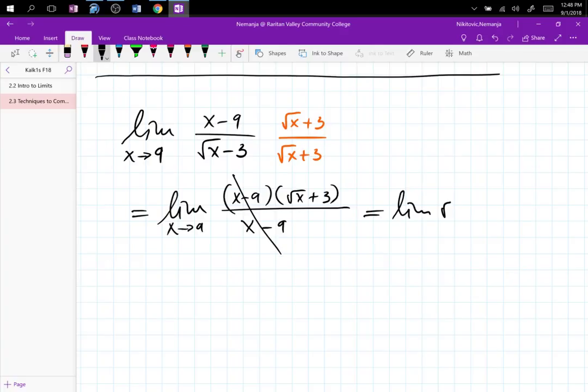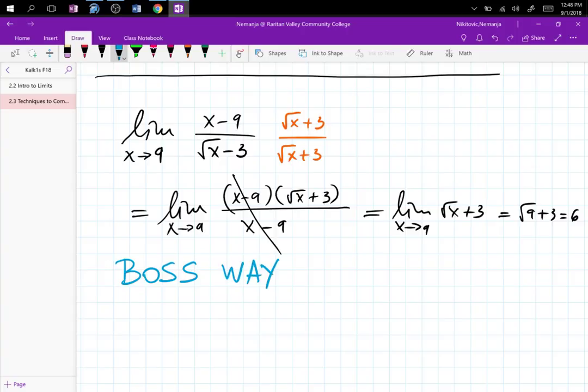I have limit of root x plus 3 as x goes to 9. And this is root 9 plus 3, which is 6. Nice. Let's take a look at the boss way to do this problem.